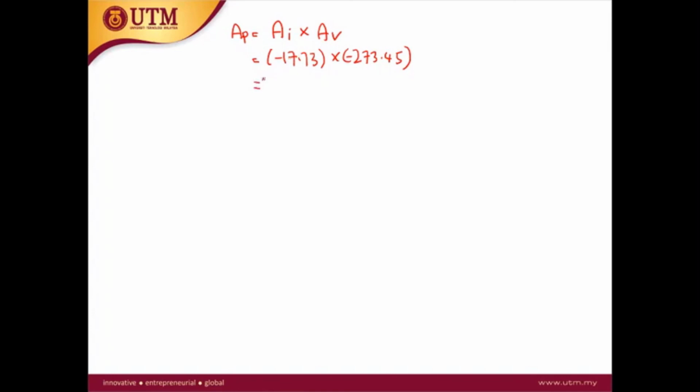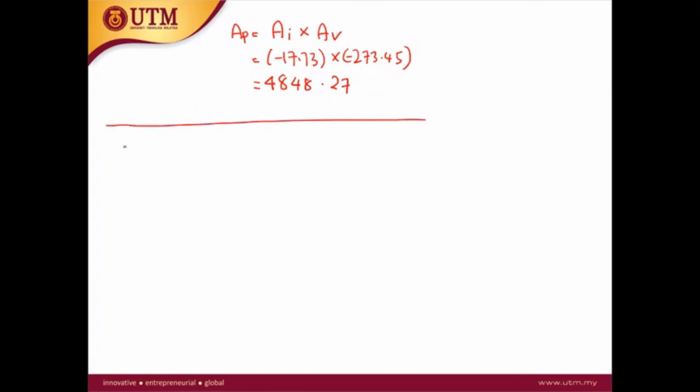So the answer is 17.73 times 273.45, which is 4848.27. Okay, so this is the power gain.